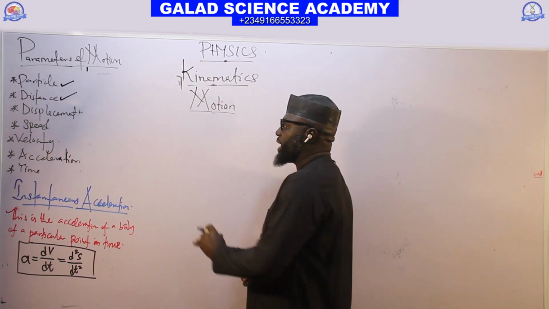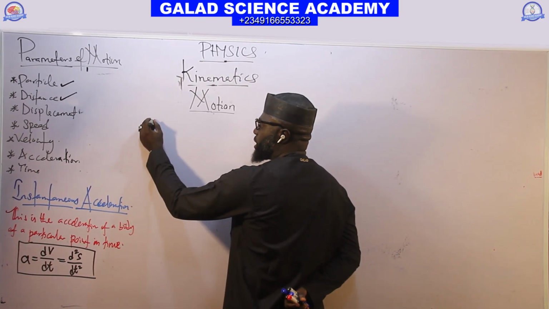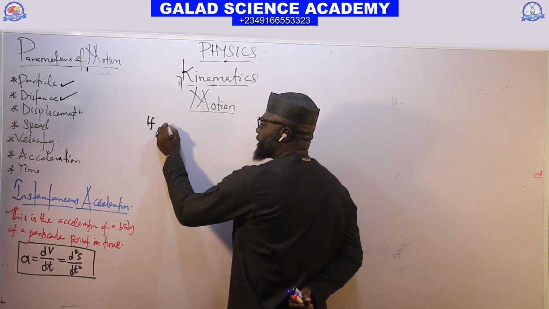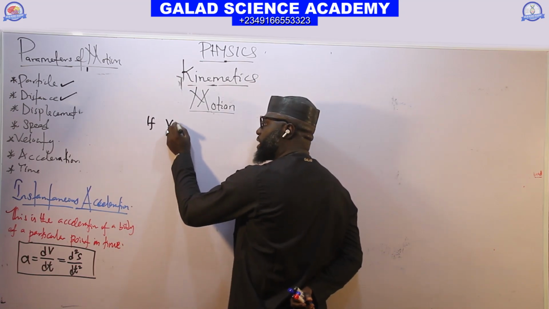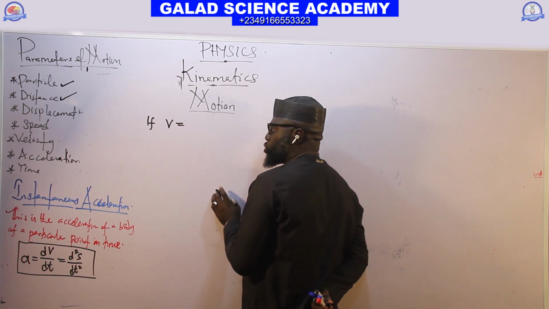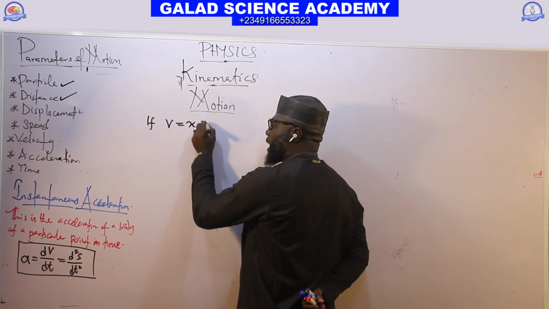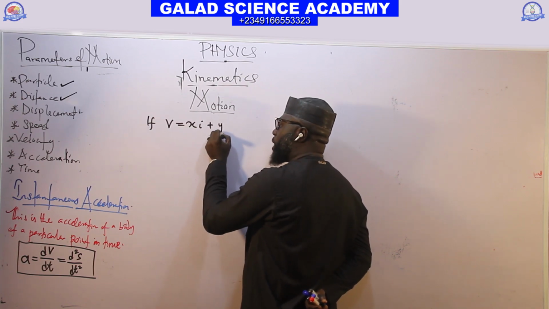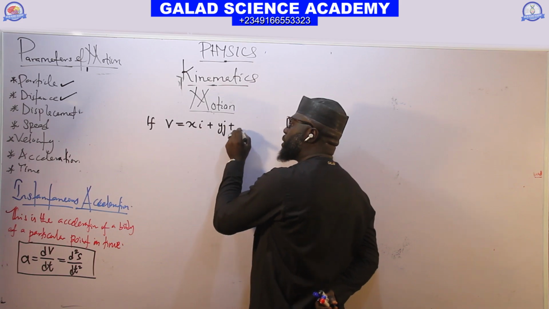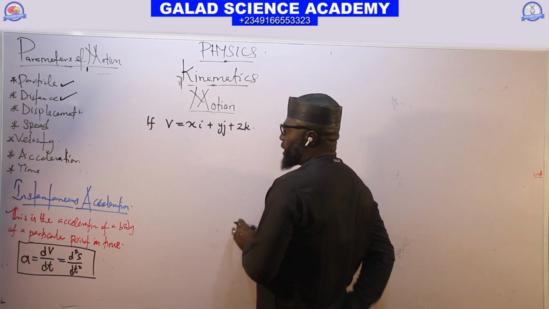Like I said earlier, if we are given that V is equal to xi plus yj plus zk.